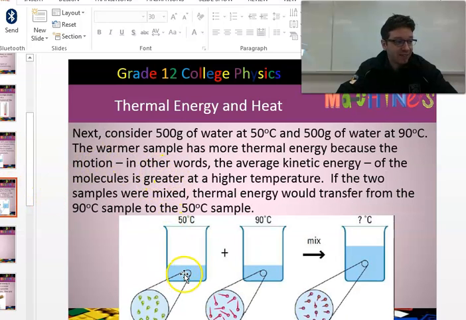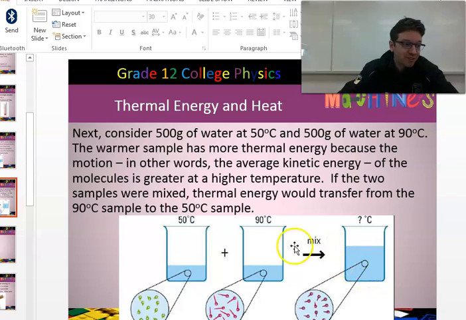However, if you had 500 grams of water at 50 degrees and 500 grams of water at 90 degrees, and you mix them together, now heat's going to occur. You're going to get a transfer of thermal energy. Some thermal energy is going to move from these water molecules towards these water molecules.